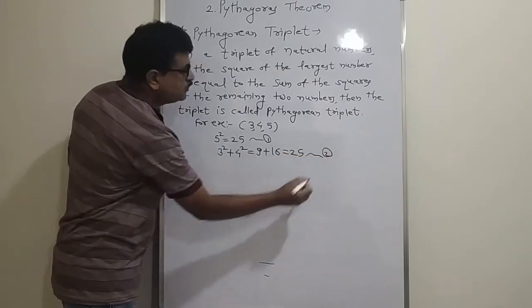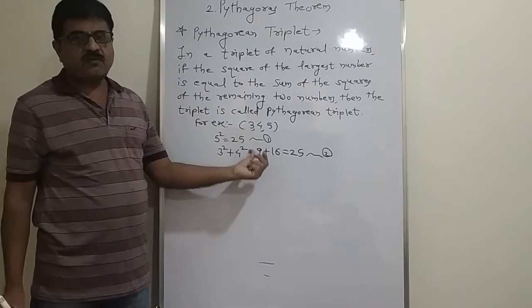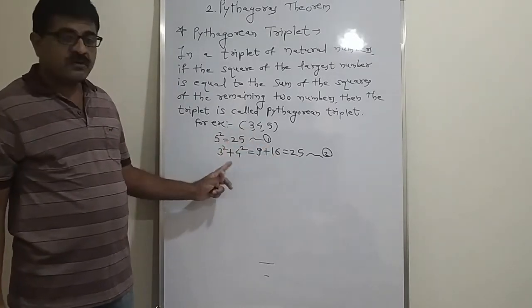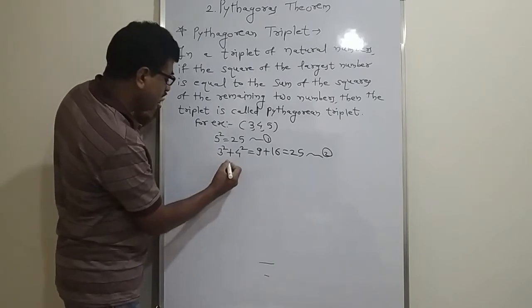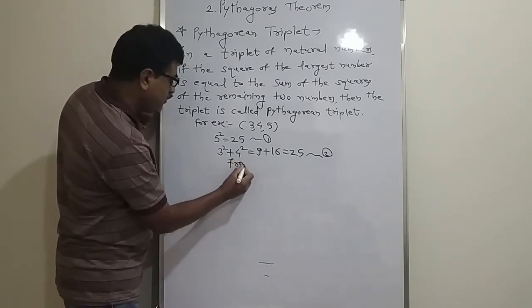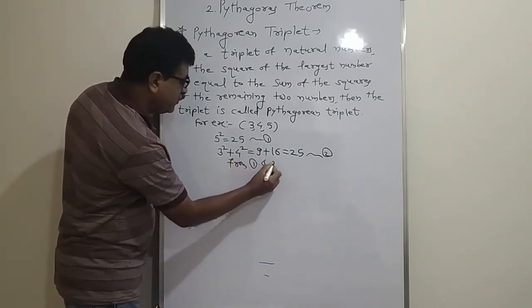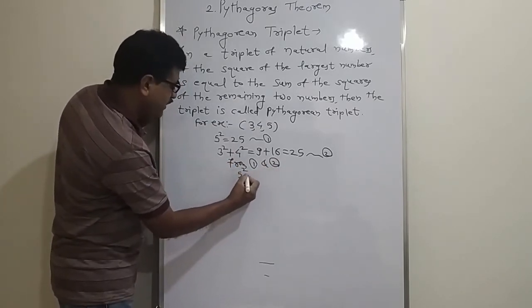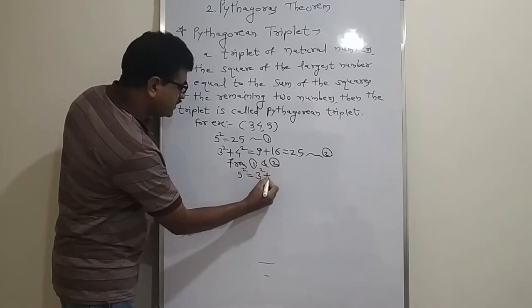This is number 2. Now from 1 and 2, the right hand sides are equal, therefore the left hand sides are equal. From 1 and 2, 5 square is equal to 3 square plus 4 square.